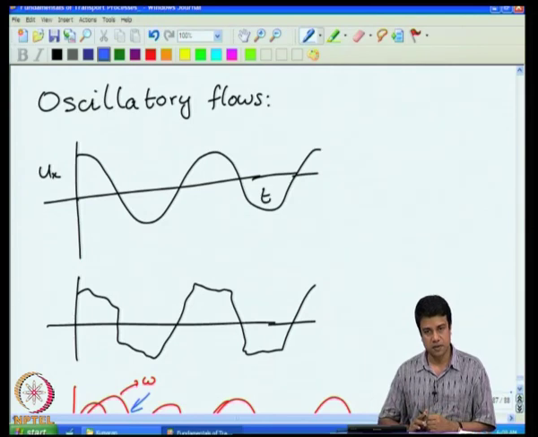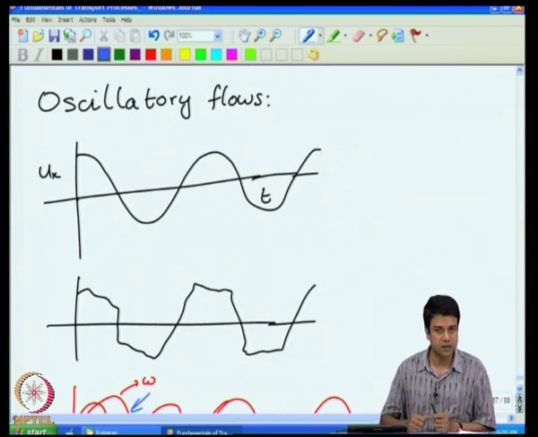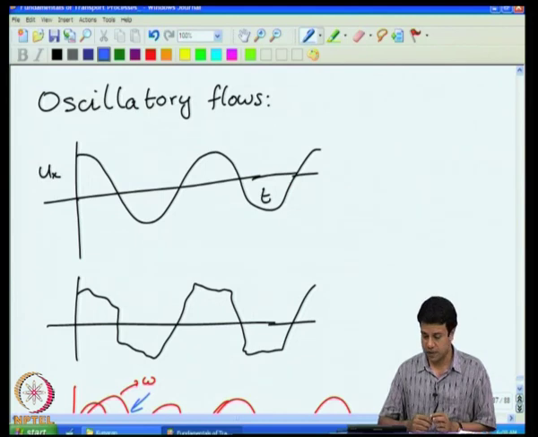That is because in Fourier transforms we know that any function that is periodic with a frequency omega can always be decomposed into a fundamental mode plus all of its higher harmonics. It is an infinite series, but still the decomposition is always possible. And because the decomposition is possible, this procedure for an oscillatory flow can be applied to any waveform, not just a sinusoidal waveform, but to any waveform.